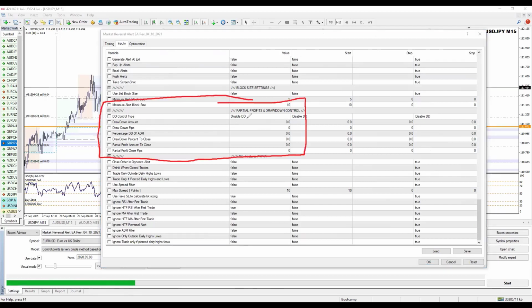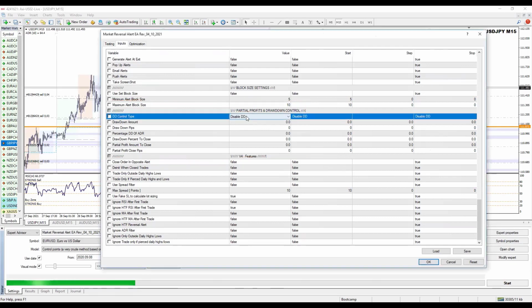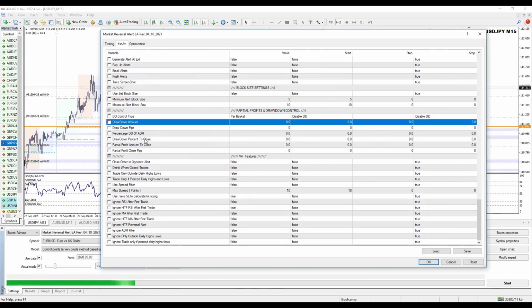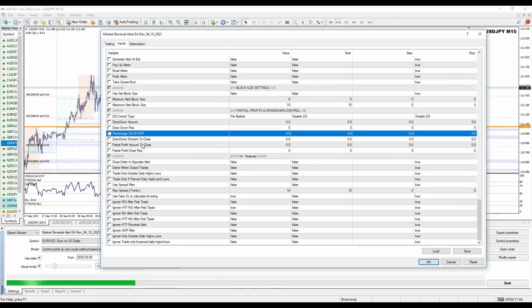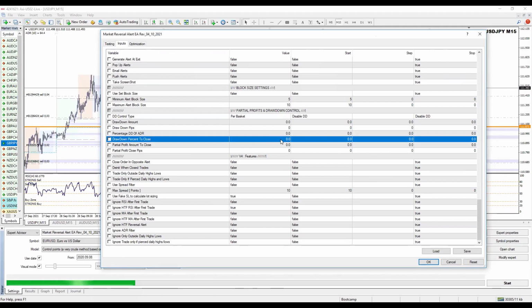You can enable drawdown control, and it can be done either on a per trade or per position or basket perspective. And you can do it when you hit an amount of drawdown, a number of pips, or a percentage of ADR. And you decide how much percent you want to close.